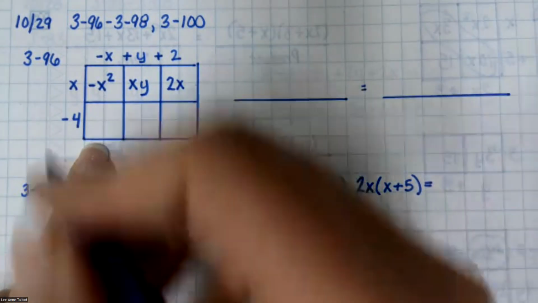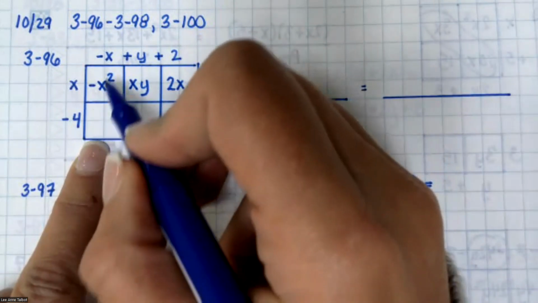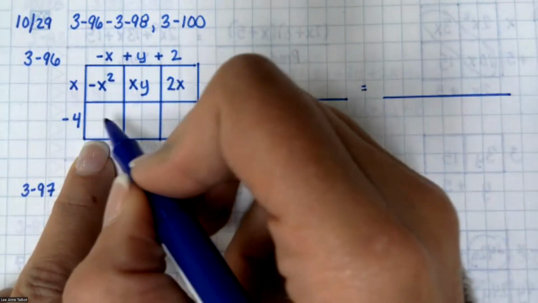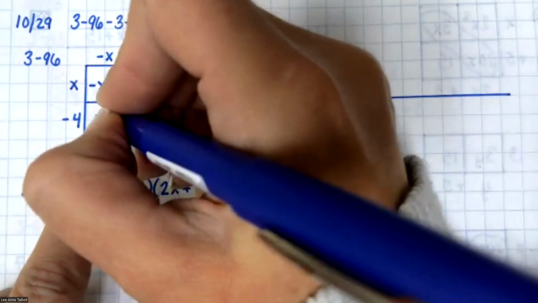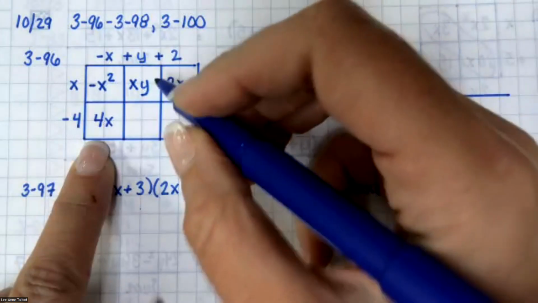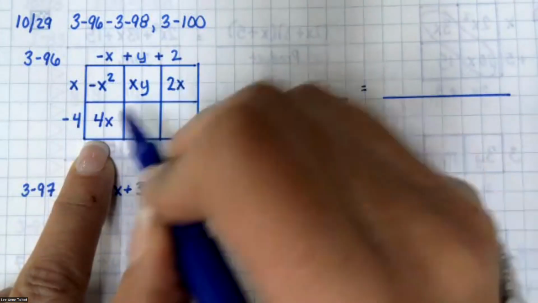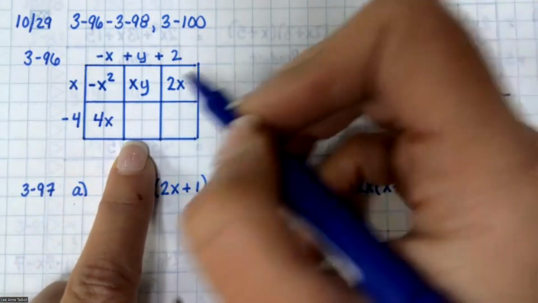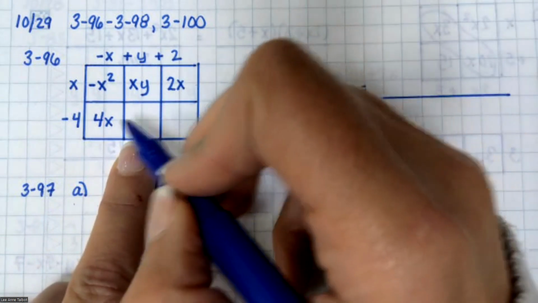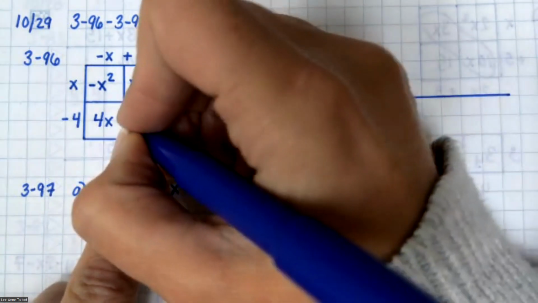Okay, now bottom row. Negative x times negative 4. Great. And note, just for your information, there's going to be like terms here. Positive y times negative 4.